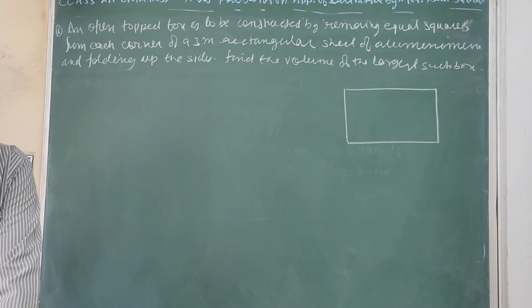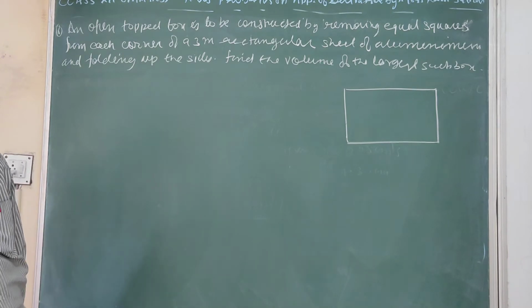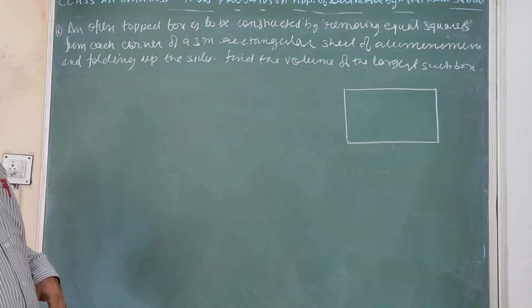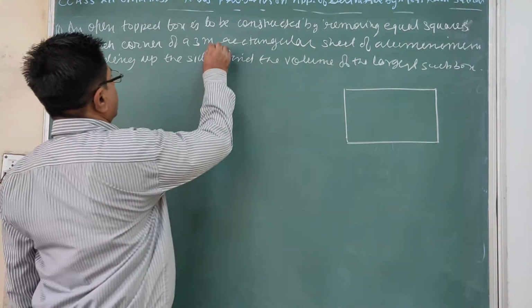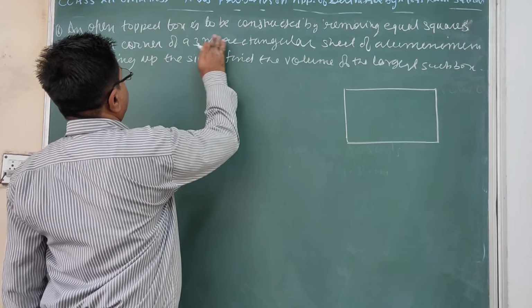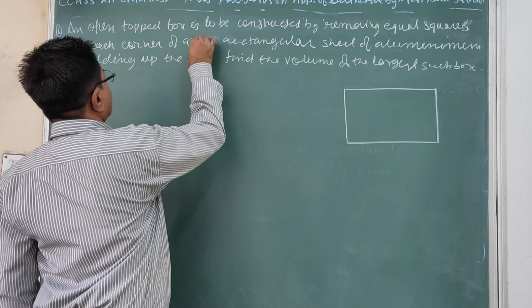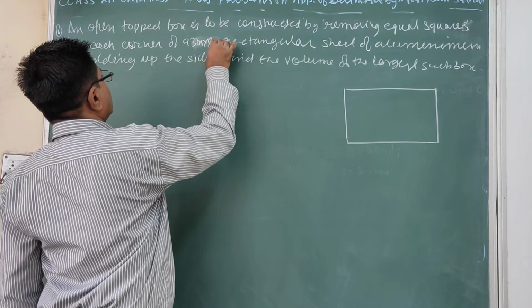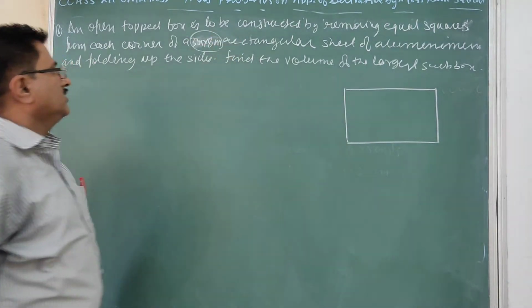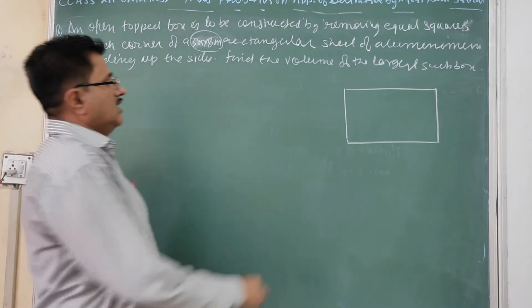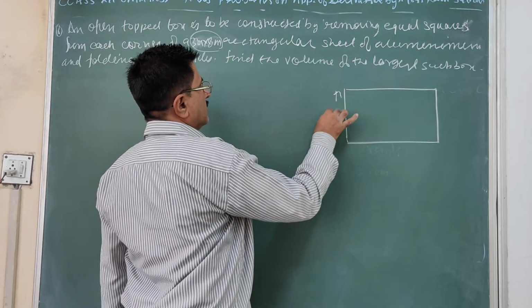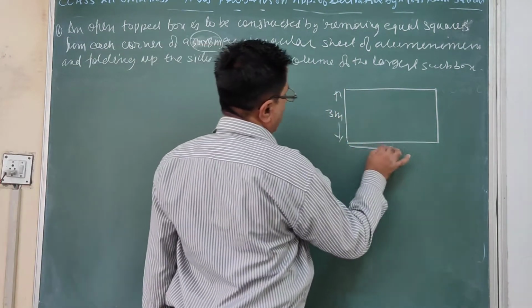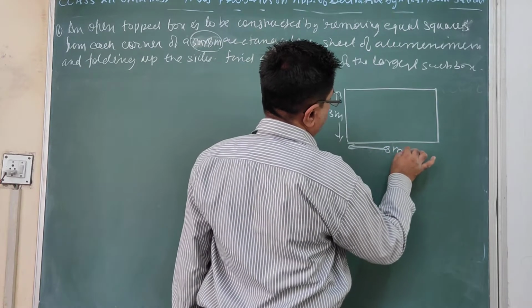So we are given this side 3 meter by 8 meter. This is the dimension. 3 meter means this is the 3 meter and this side is 8 meter.